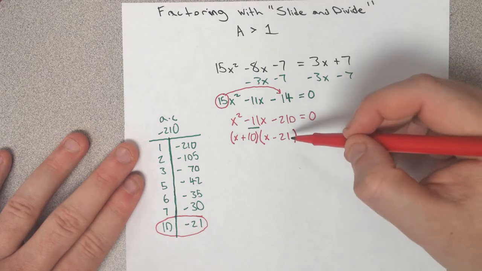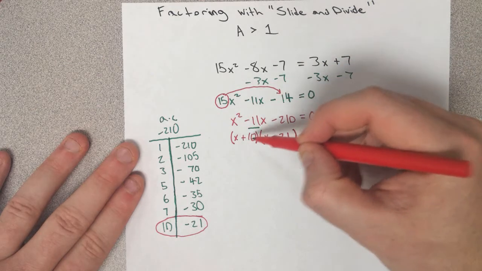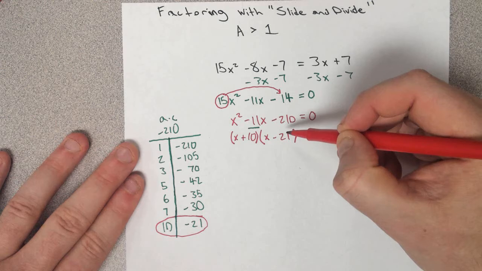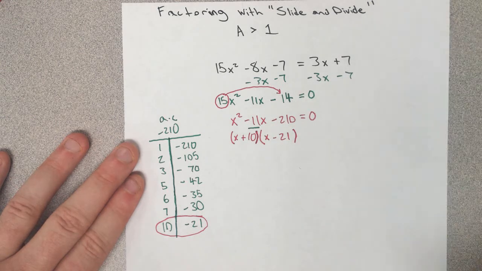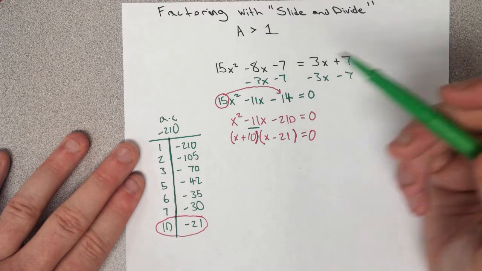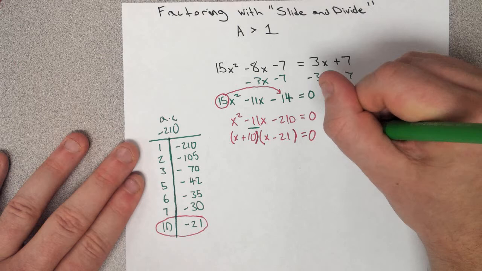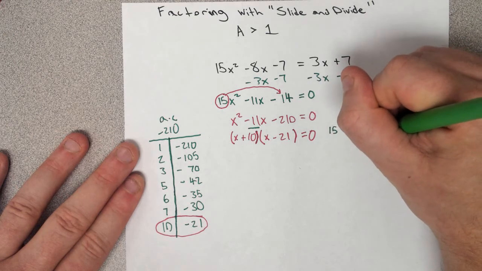So it's possible that your coefficient on a could be hiding in one of these numbers, right? Or it could exist in both of them, right? And so that's what we kind of have to do here. We have to do a little trick and think, well, 15 can be thought of as 5 times 3.